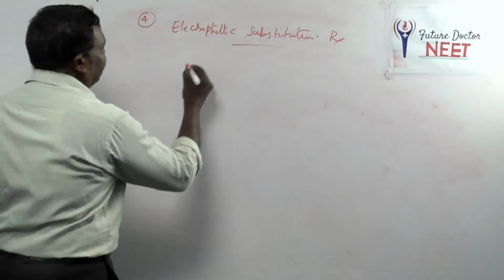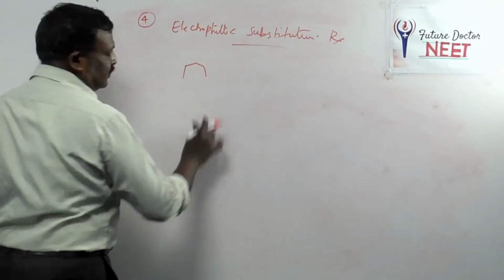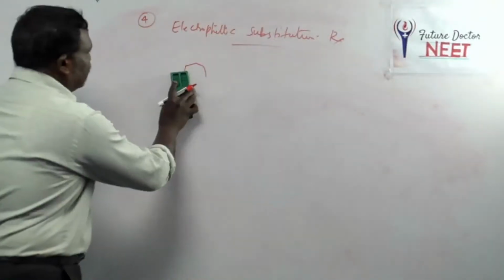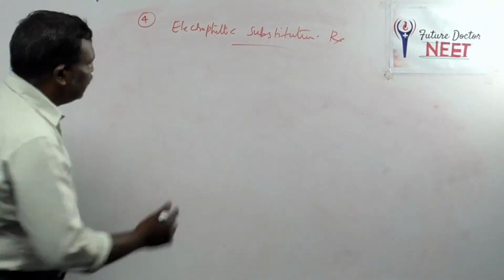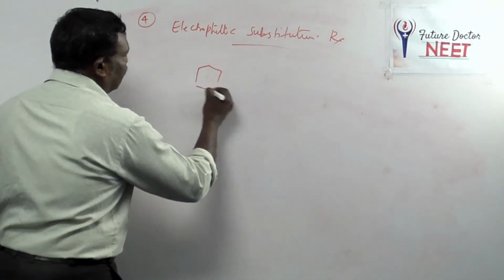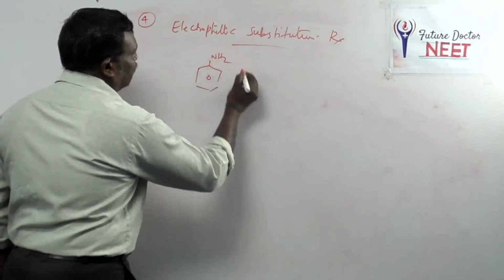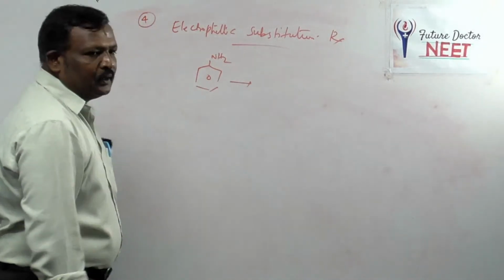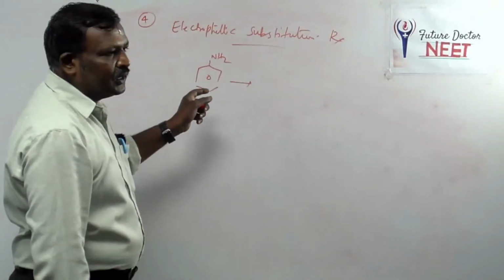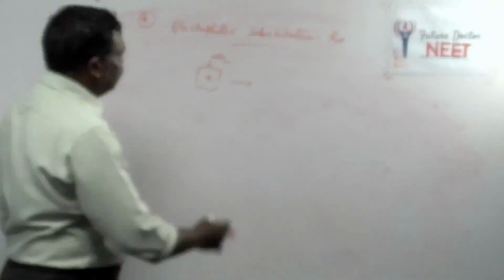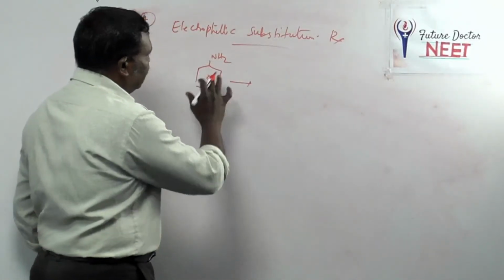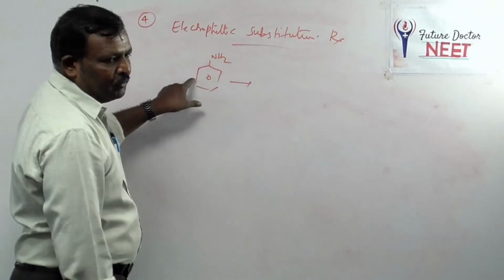Usually, electrophilic means we should take only aromatic compounds. Aromatic compounds means we should take aniline. You just remember, it's an ortho and para directing group.